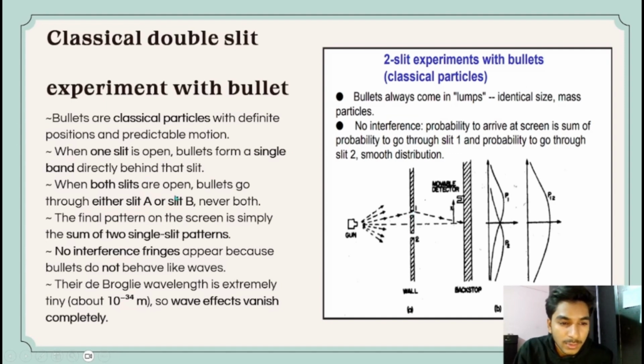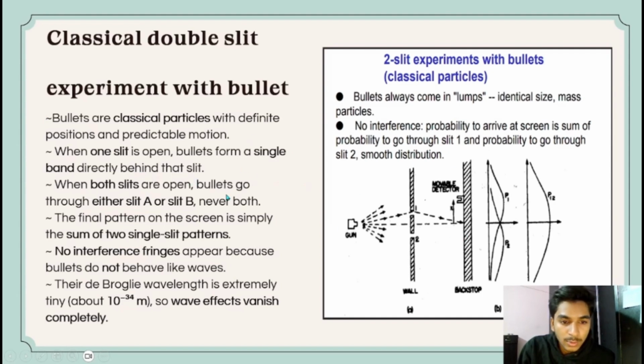Now, we open a single slit first, and then both slits after that. The outcome of one slit is that it shows a band directly behind the slit.